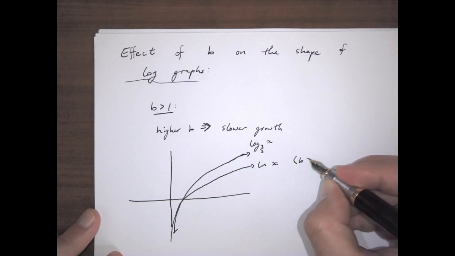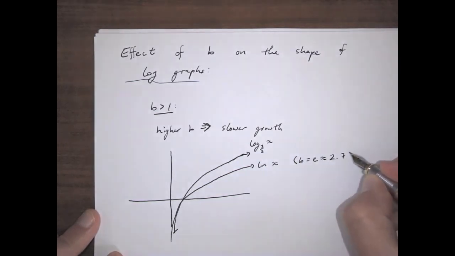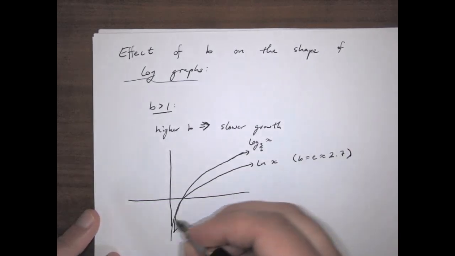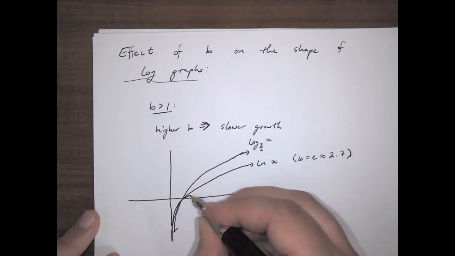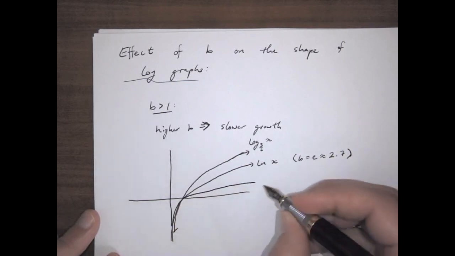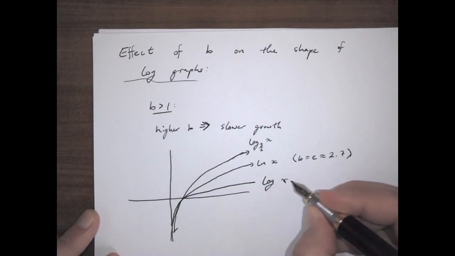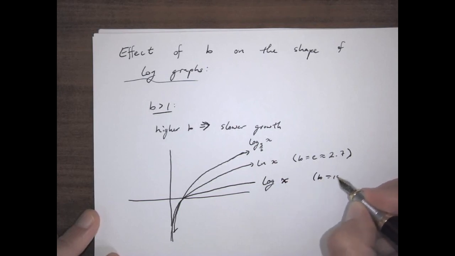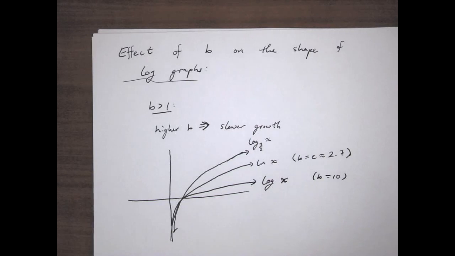And remember, in ln, b is e, which is approximately 2.7. And then maybe we have an even shallower one at, say, log x. Remember, in the case of log, b is 10. And any in-between b's would be somewhere in between those.